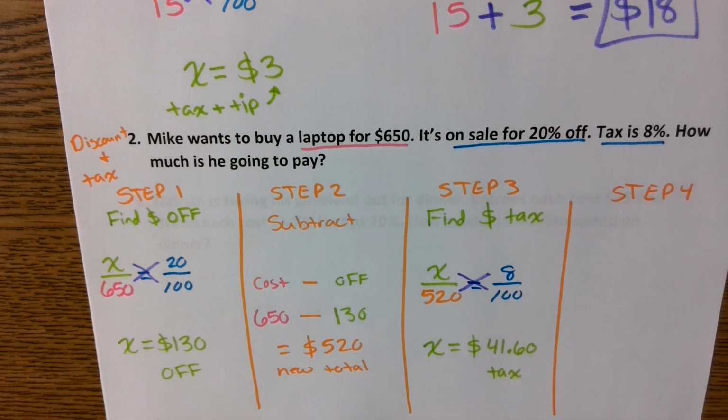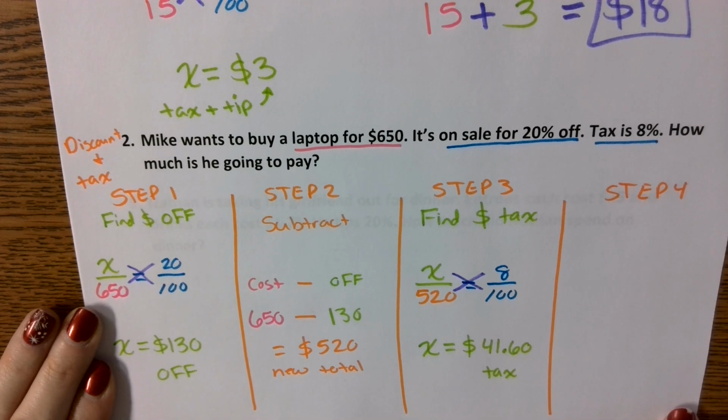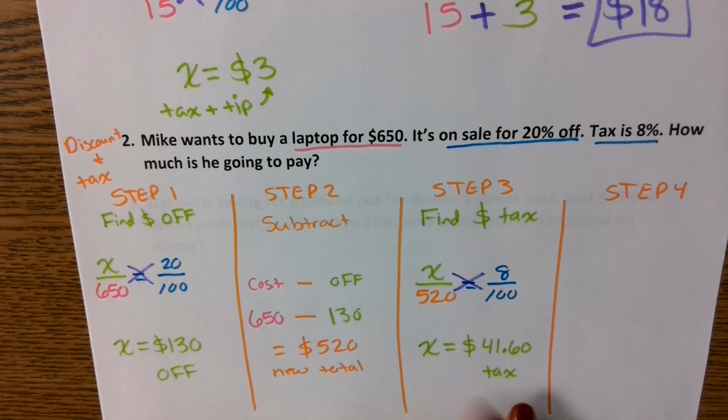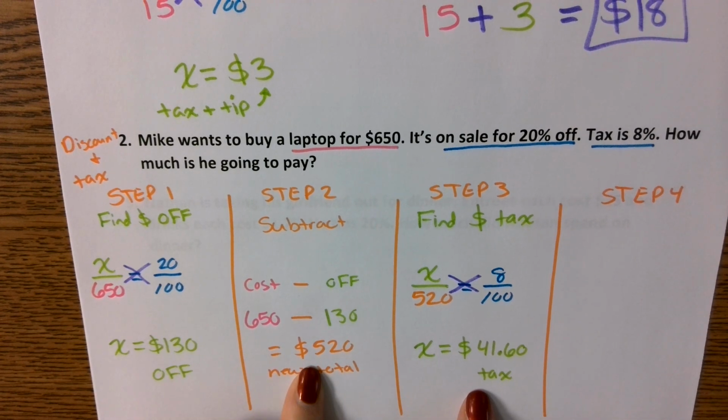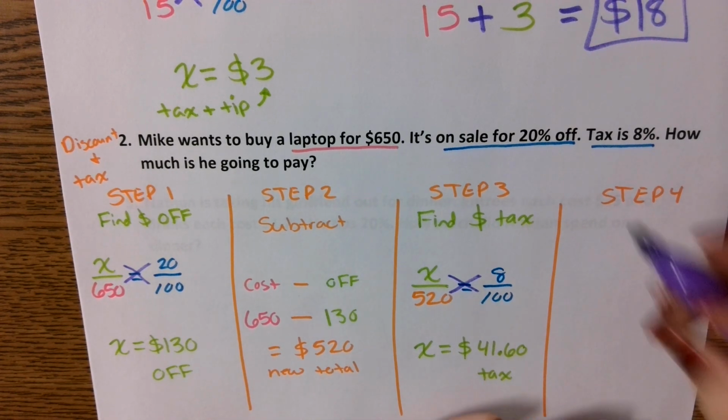Okay, questions asking how much money are we going to pay? What do you think we need to do now? Now that we know our tax, what do we do with that amount? Add it to what? To the 520, right? We're going to take whatever step 2 was, which was our new total, and we're going to add it with our tax amount from step 3. So that's our last thing.